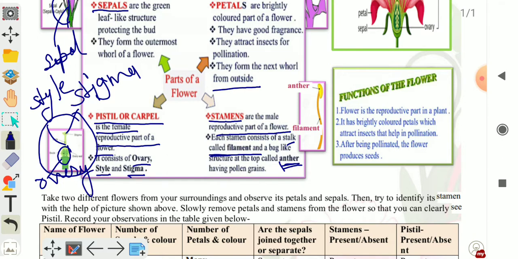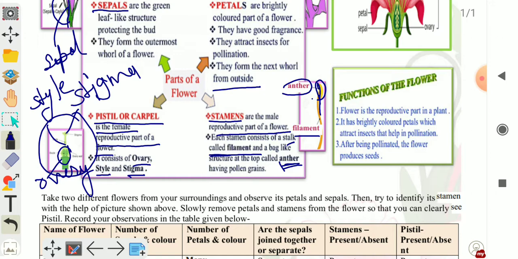So pistil has three parts. First one is stigma, second one is style and third one is ovary. While stamen has two parts. First part is anther and second part is filament, stalk-like structure.